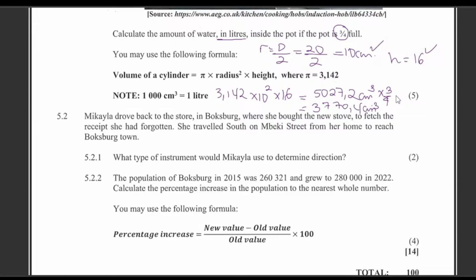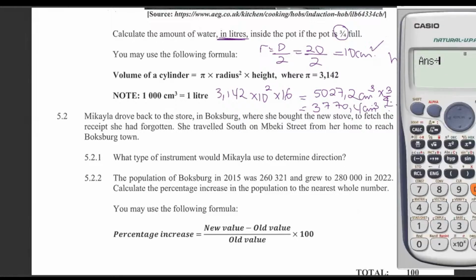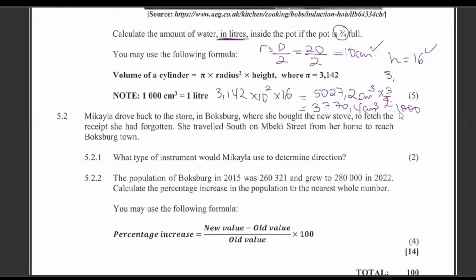We want them to become liters. What do we do? We divide by 1,000. When you divide by 1,000, I believe you get 3.77, and the answer becomes 3.7704. These are liters. They said round off. Okay, let's say they didn't say any round off. So the liters that we shall have in the pot will be this much.